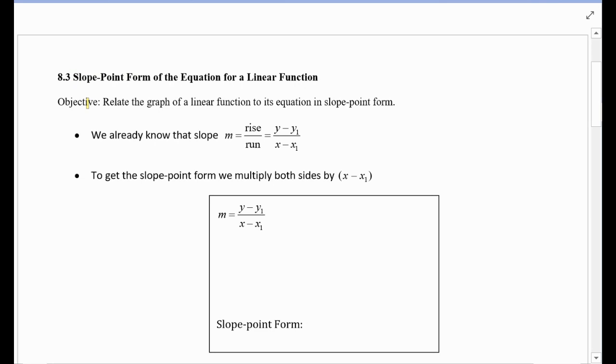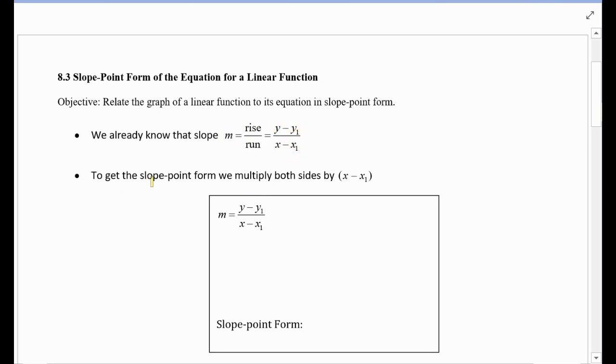Okay, so we're going to derive slope-point form from the slope formula. Everyone remembers the slope formula, right? The slope, m, equals rise over run, or change in y over change in x.